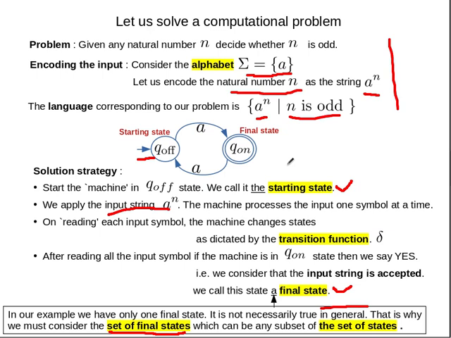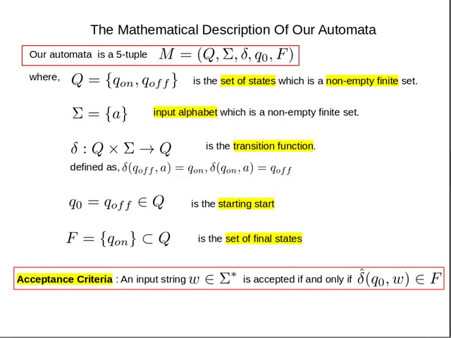Now everything is mathematically defined. How are we describing our machine? We have defined all these quantities. We have described this finite set of states, and this has to be a non-empty finite set.